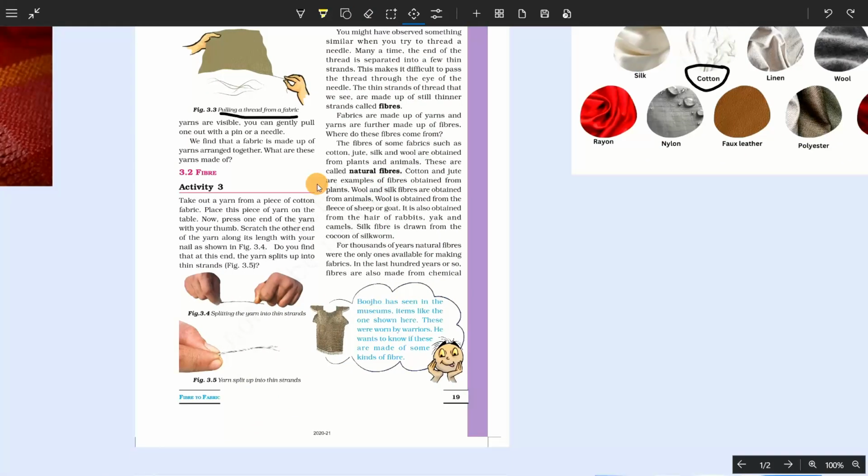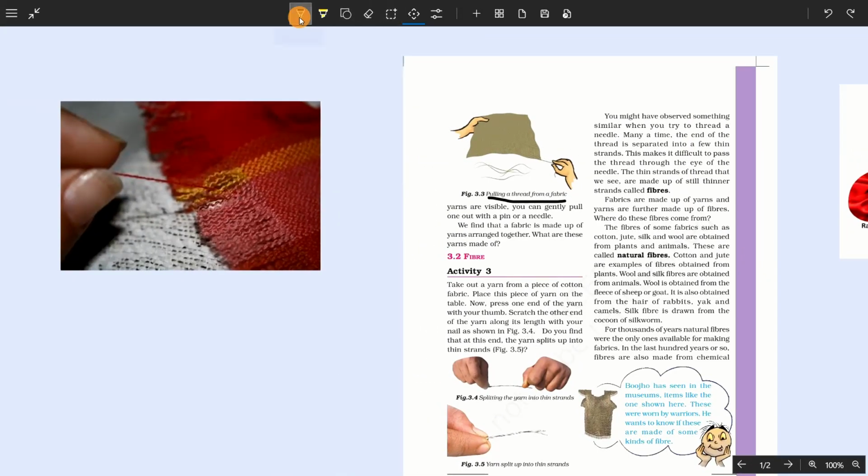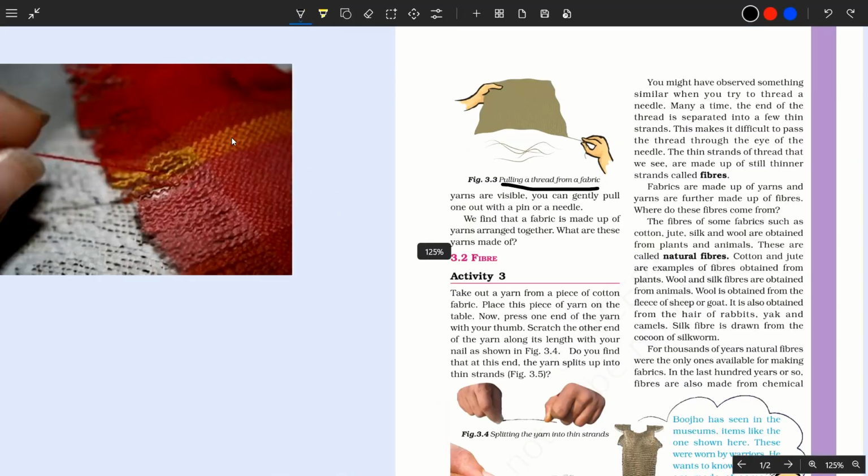I will take a piece of the cotton, right? Then what I will do? I will take the edge thread, then I will pull like this. What they are saying is, just take a cotton cloth which you have collected from the tailor, go to the corner of the piece, then pull the little thread. You will get it like this. I am showing here, right?